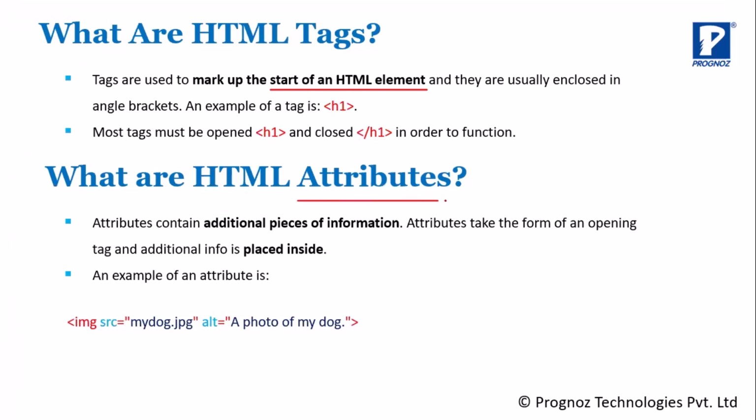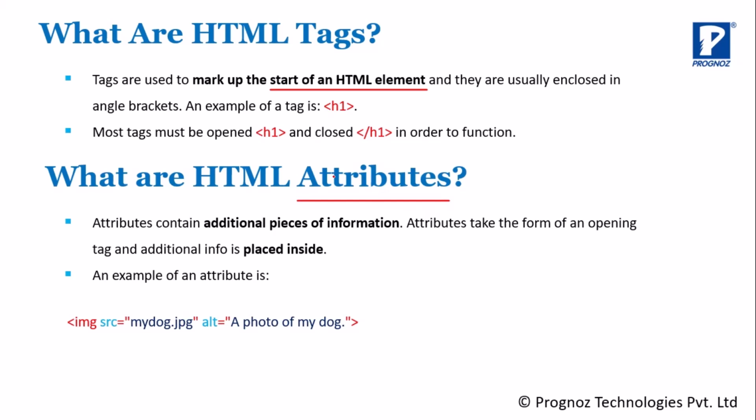Next concept is called attributes. An attribute always gives additional or extra information which you want to represent using a particular tag. Then we have to use the attribute concept, and an attribute should always come in the opening tag, not in the closing tag.